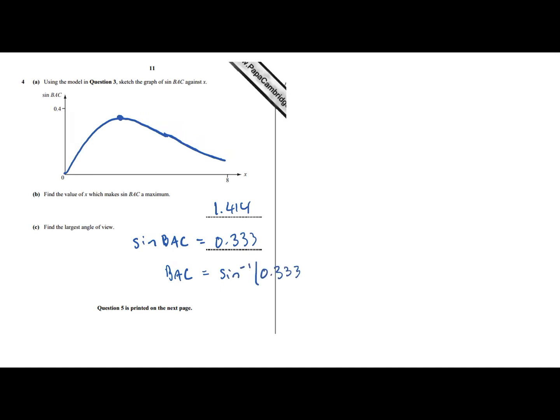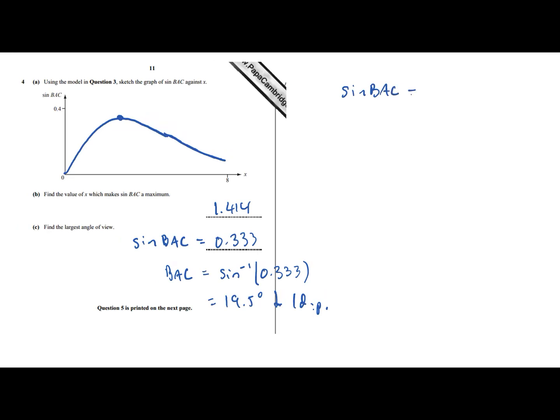So the largest angle of BAC is equal to the inverse sine of that. I knew something didn't feel right. Okay, so use your calculator then to find what that largest angle is. Shift sine of 0.3333333. Okay, and we get about 19.5 degrees to 1 decimal place.